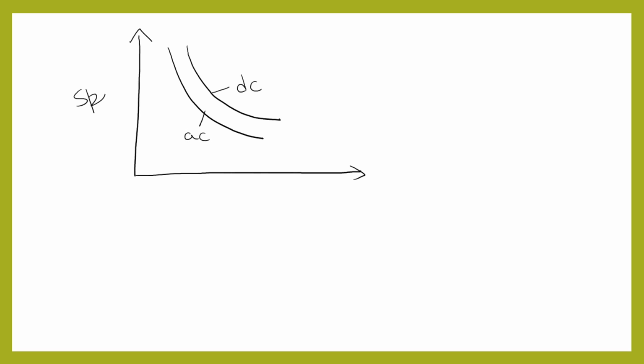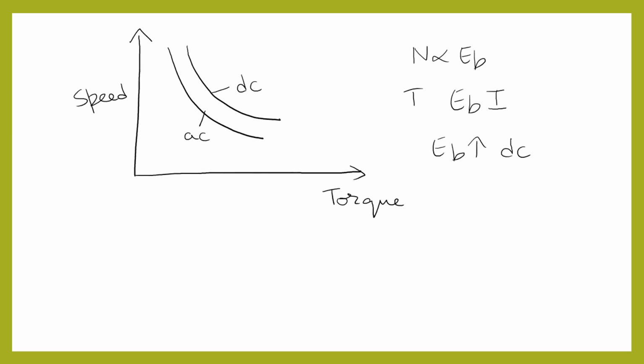So the speed versus torque curve is plotted for DC operation as well as AC operation. Since EB value is greater in DC operation and N is proportional to EB, and torque depends upon the product of EB and I, and since EB is greater in DC operation than in AC operation for the same torque, the speed for DC operation is higher than that of AC operation.